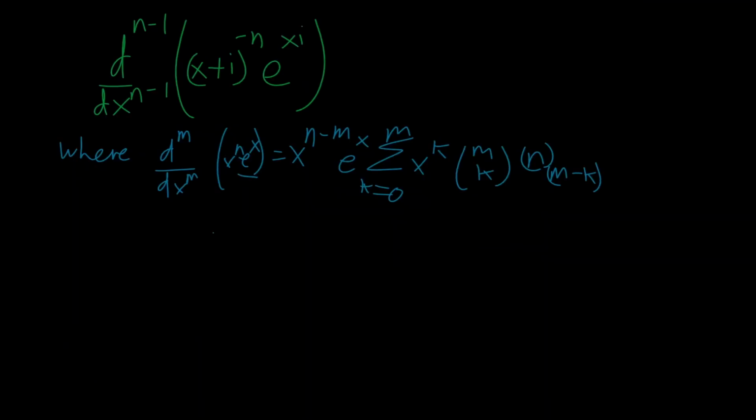The way we're going to begin simplifying this is to try to match our general formula with what we actually need to calculate to evaluate our integral. We see that this x plus i is equivalent to our x in terms of what's being raised to the n or minus n power.